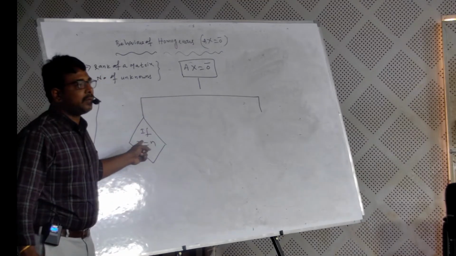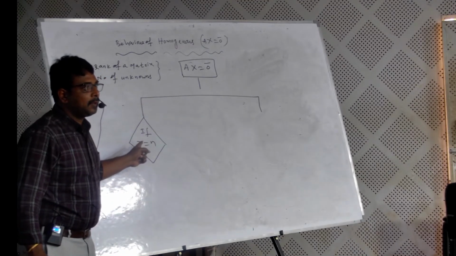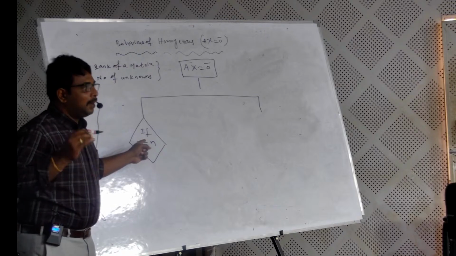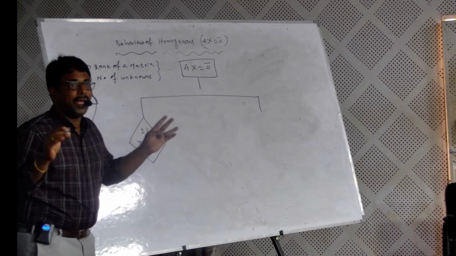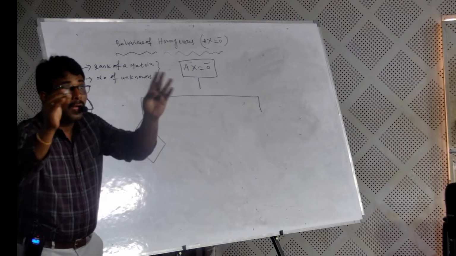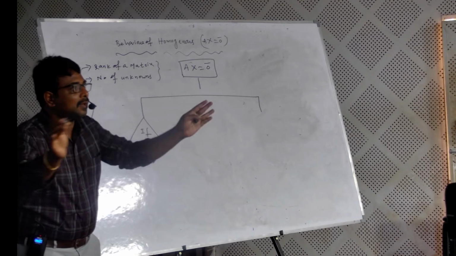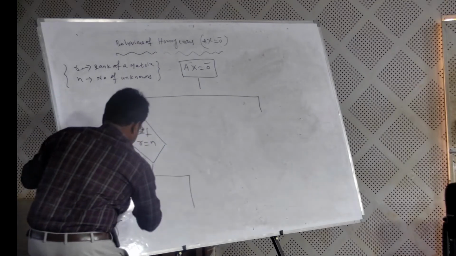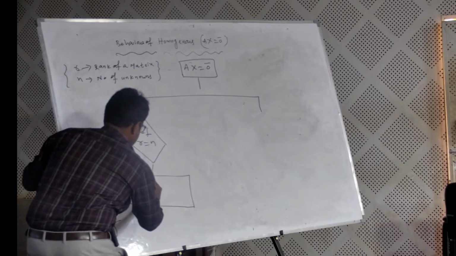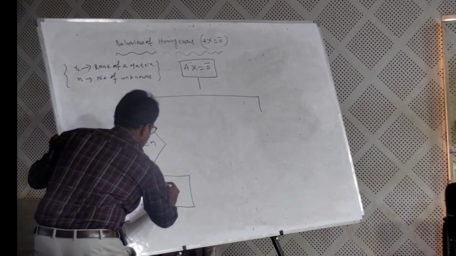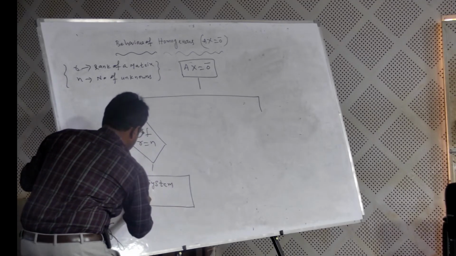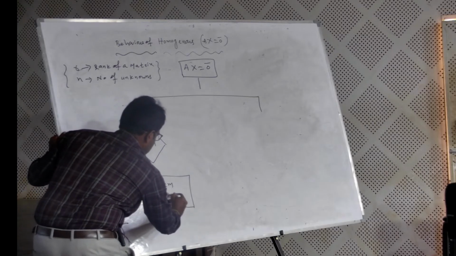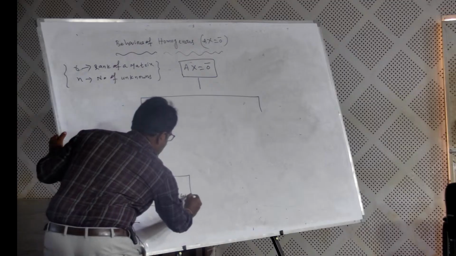What I have written is this: if the rank of a matrix equals the number of unknowns, when these two are the same, the system will contain the zero solution.